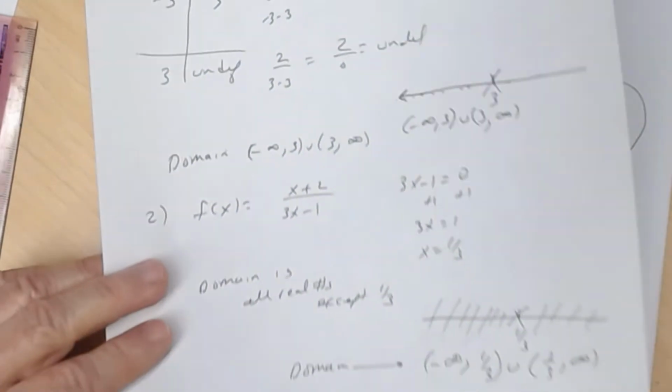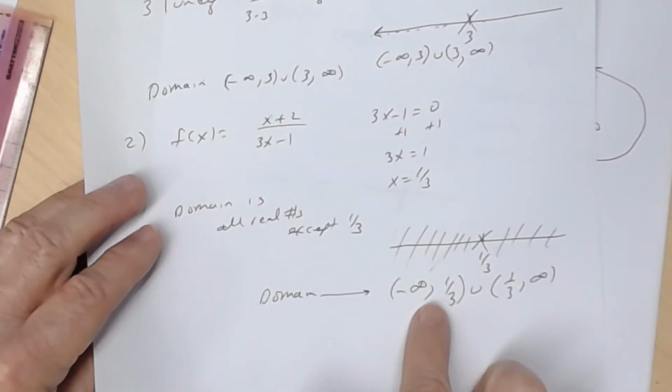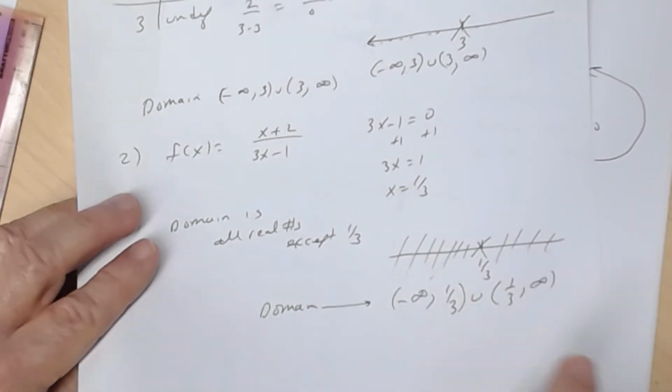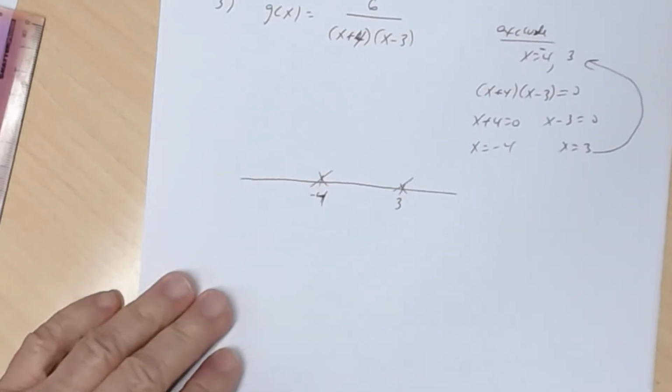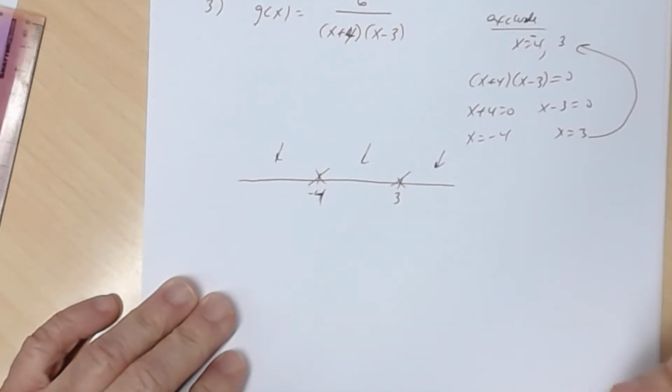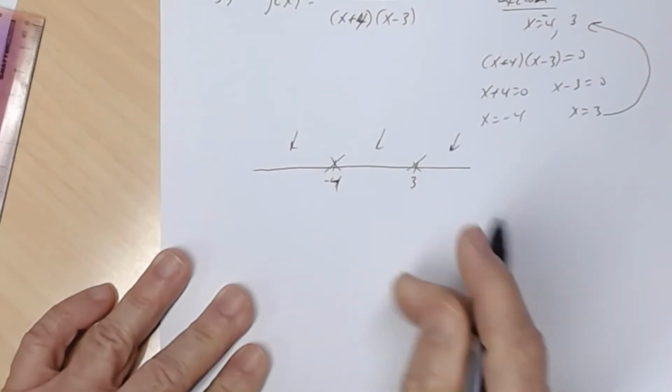So if you had one restriction, you had 2 intervals. If you have 2 restrictions, how many intervals do you have? You have this interval, this interval, and this interval for your domain. And you just do it like you did before.